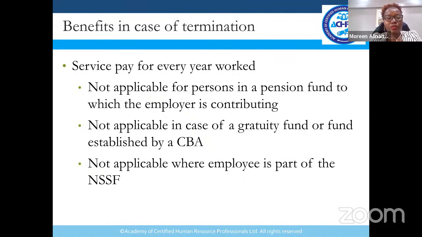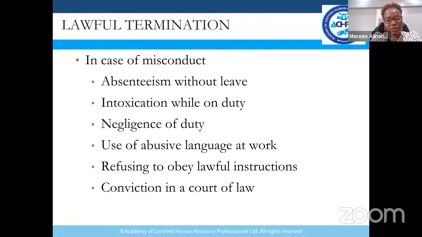Service pay is also not applicable in case of a gratuity fund or fund established by a CBA. It's also not applicable where employees are part of the National Social Security Fund, commonly known as the NSSF. You are not entitled to service pay in case of termination.